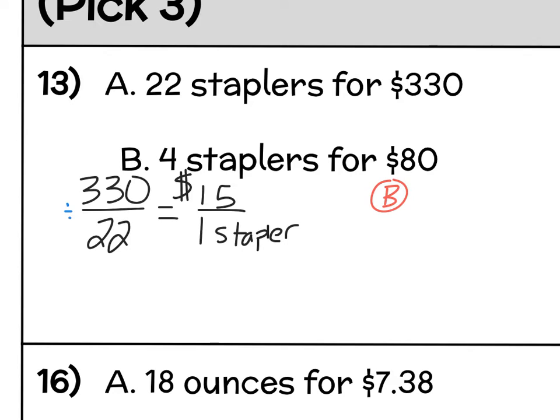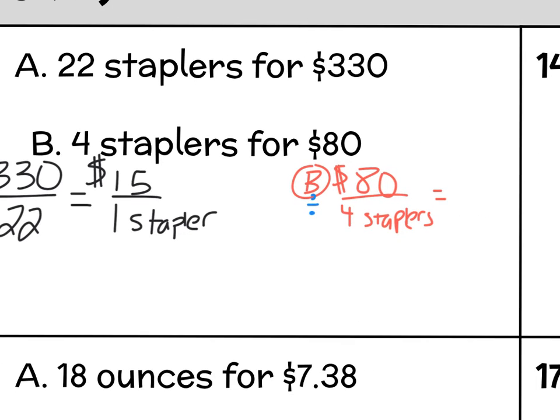We are going to put our money on top, so I'm going to have $80 on top, and my 4 staplers on bottom. And we are going to divide those two numbers together. 80 divided by 4, and we get 20.